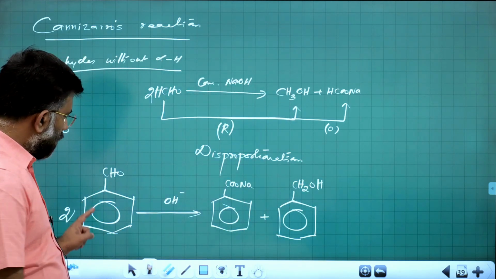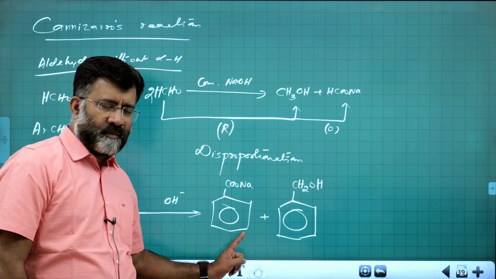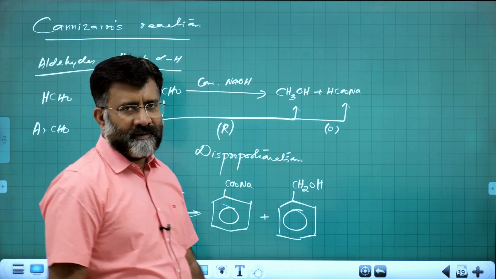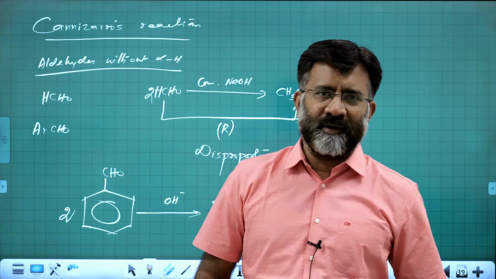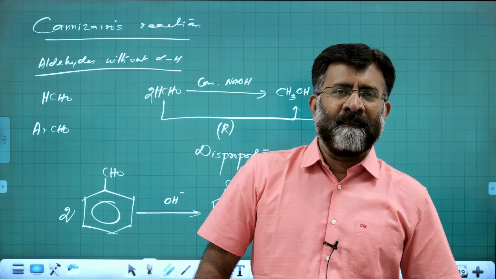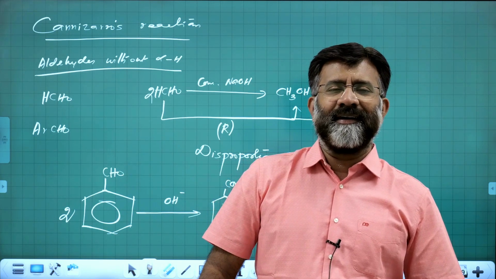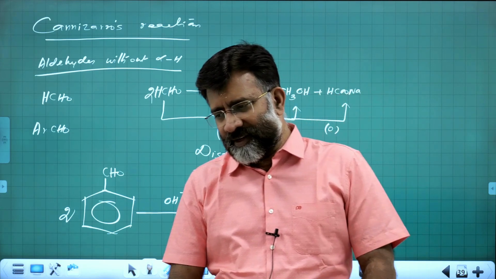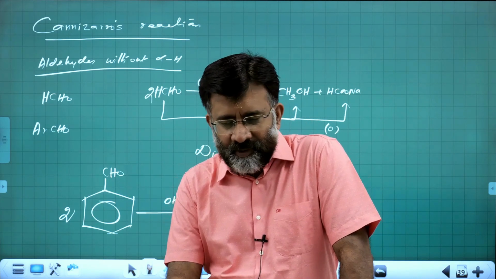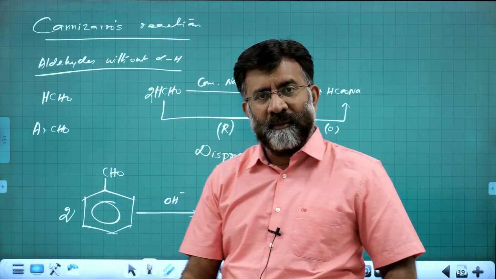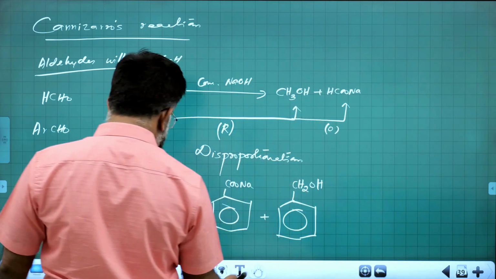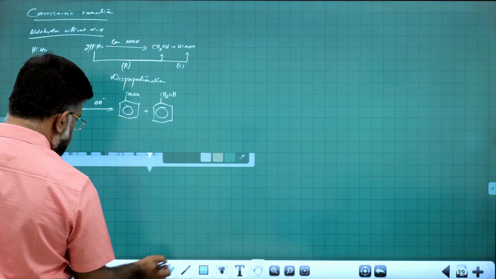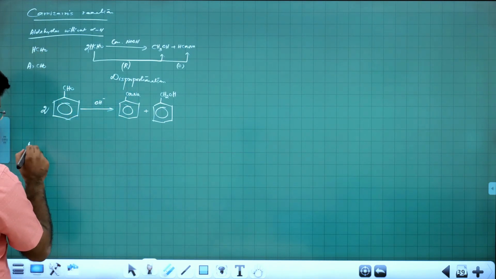So one benzaldehyde is oxidized to sodium benzoate and the other molecule is reduced to benzyl alcohol. This is what is called the Cannizzaro reaction, given by aldehydes without alpha hydrogen atom. Once again, the mechanism we don't have to learn from the textbook, but definitely you must know the mechanism. Let's see what is the mechanism involved in the reaction.